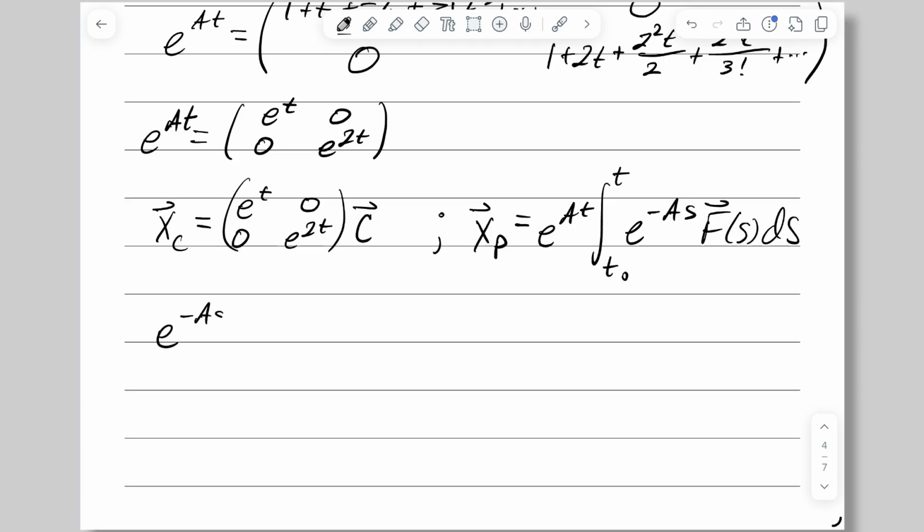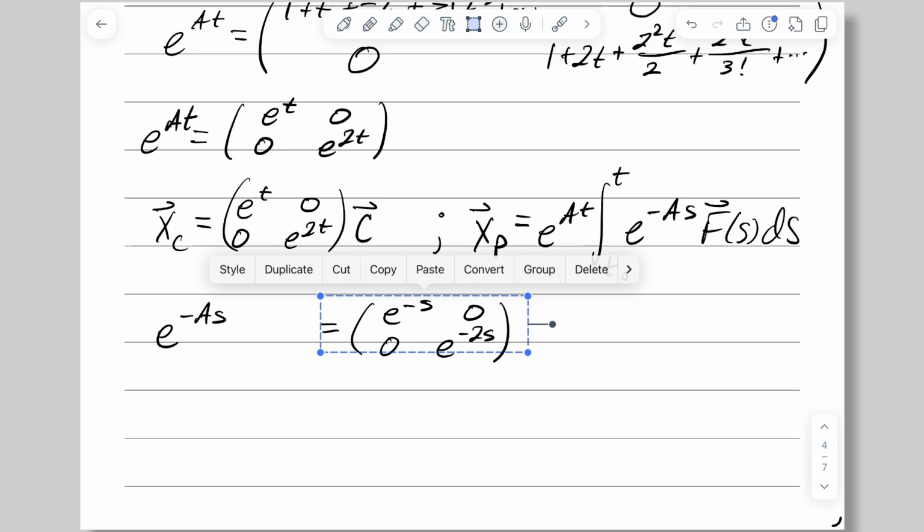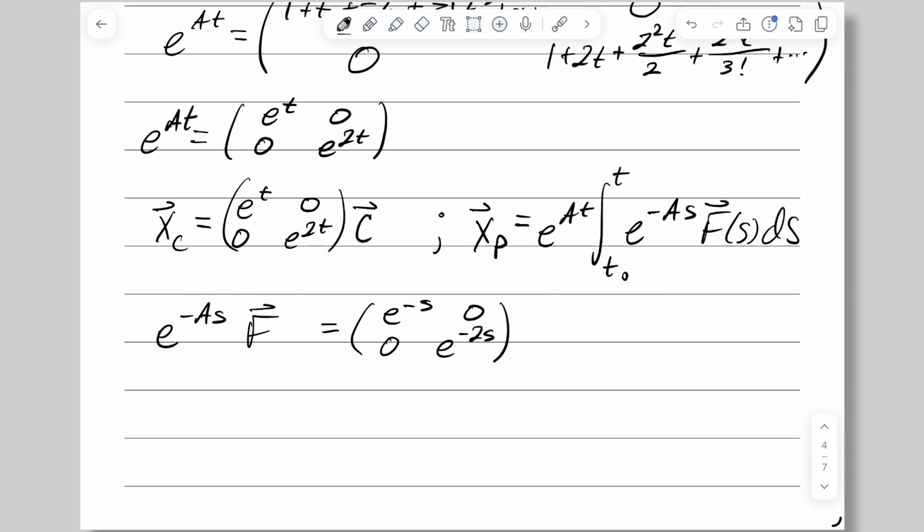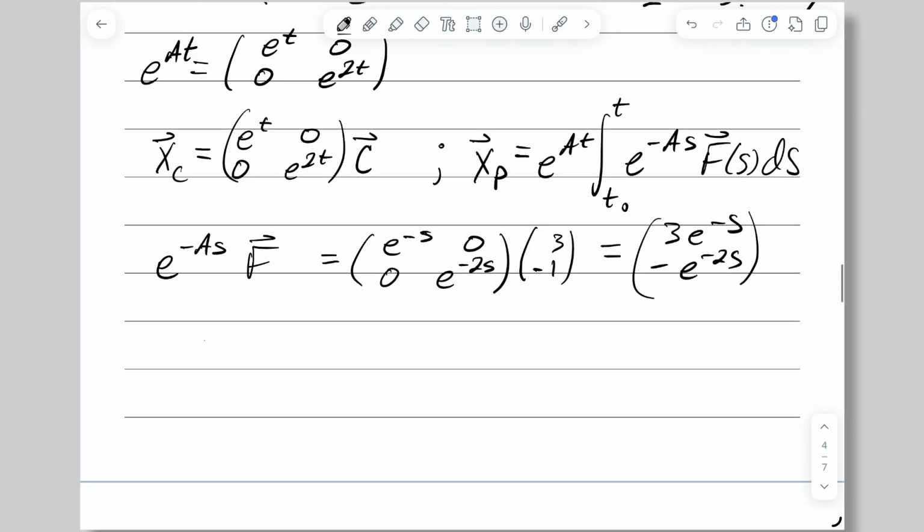E to the negative as is simply e to the negative s, 0, 0, e to the negative 2s. We're just replacing t using negative s. So e to the negative as times f is that matrix times the column matrix 3, negative 1. That gives us the column matrix 3e to the negative s, negative e to the negative 2s. That's what we're going to integrate.